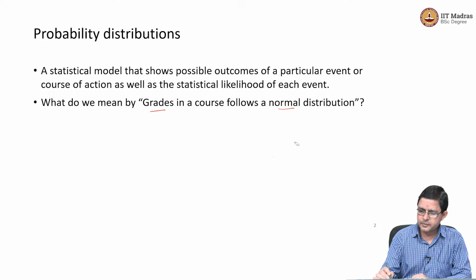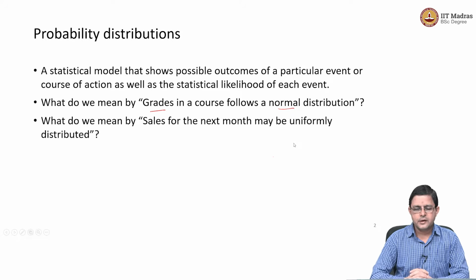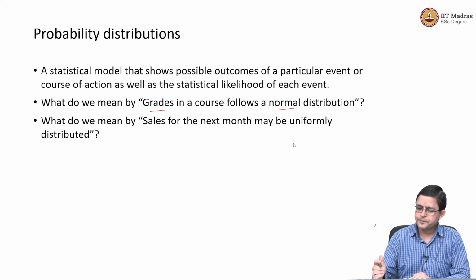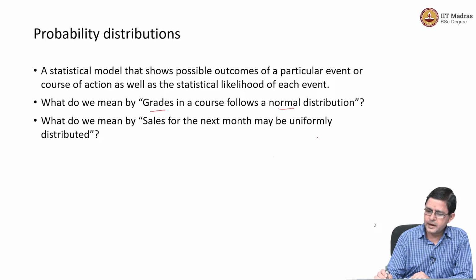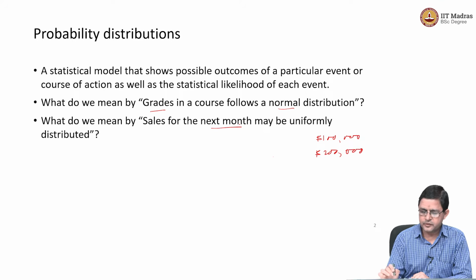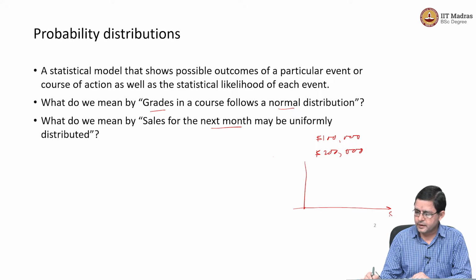Or sometimes in business settings we may say something like this: sales next month are expected to be uniformly distributed, right. So, what do we mean by that? I may say that sales can be as low as $100,000 and as high as $200,000. This is sales in the next month, right. On the x axis is sales, here is your 100,000, here is your 200,000, and we are saying that it is uniformly distributed, right.